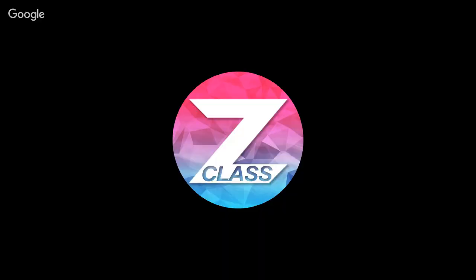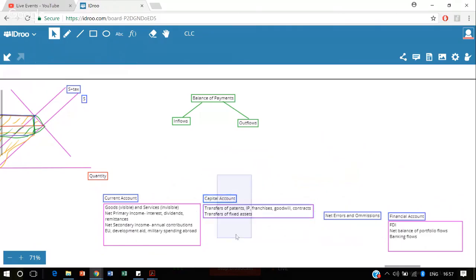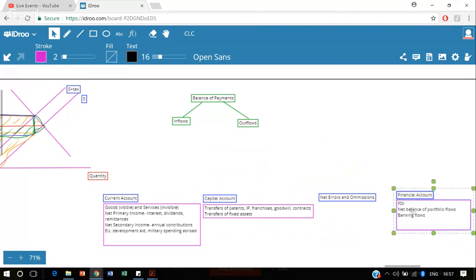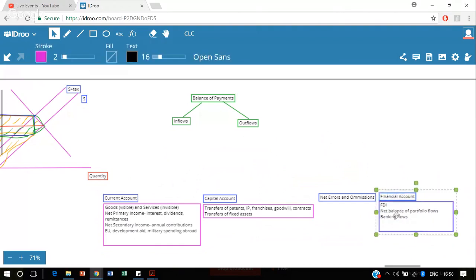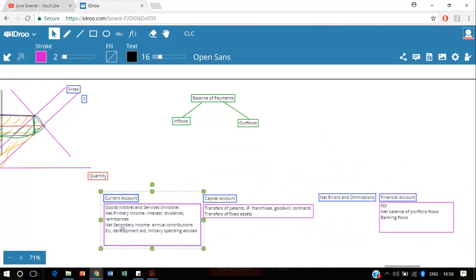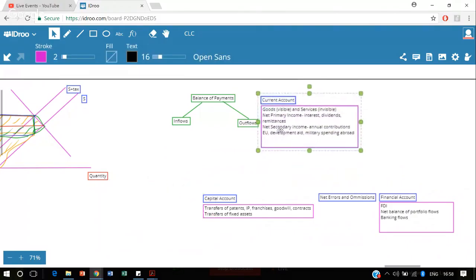Yeah. And if you have a deficit, so the UK has a big deficit on the current account, right? We import more stuff than we export. So that means that some of the other accounts must then be in surplus. Okay. So if we put the current account on one side, that's all the visible trade in goods and services, all that kind of stuff.